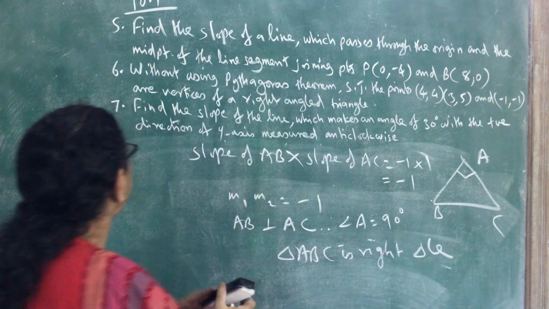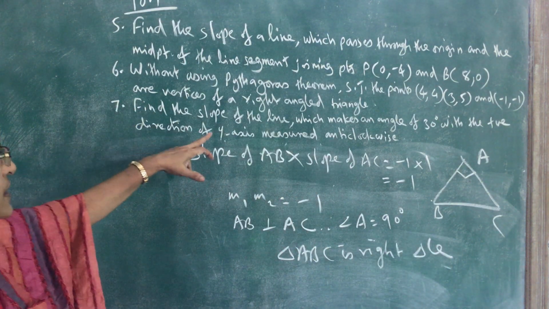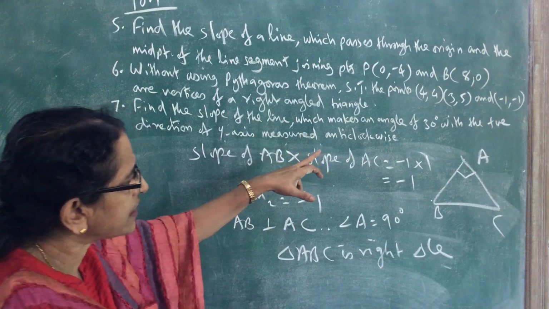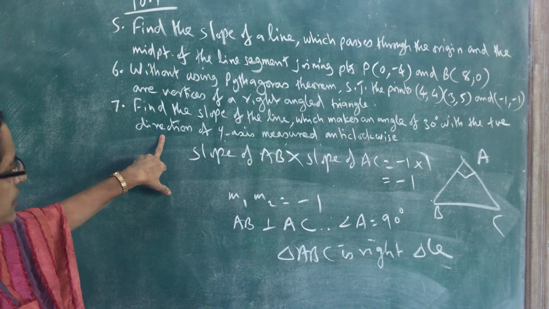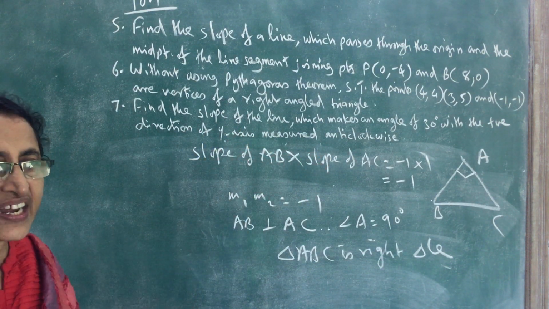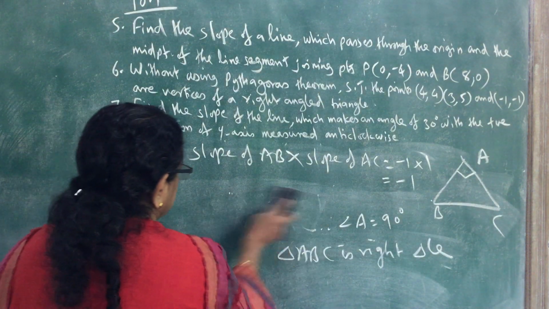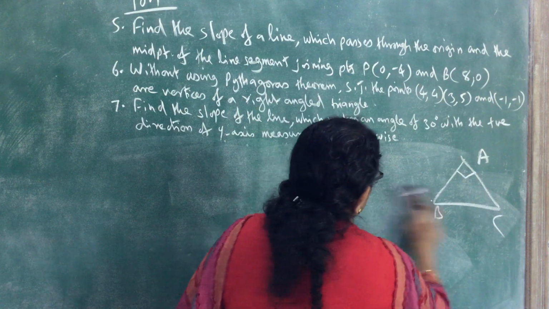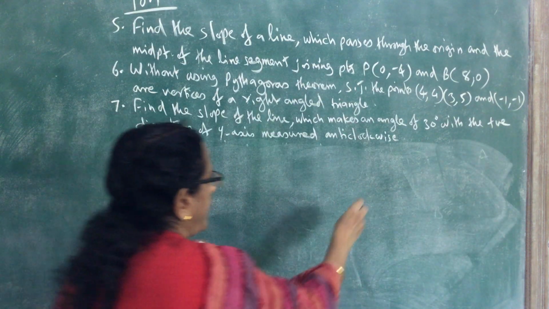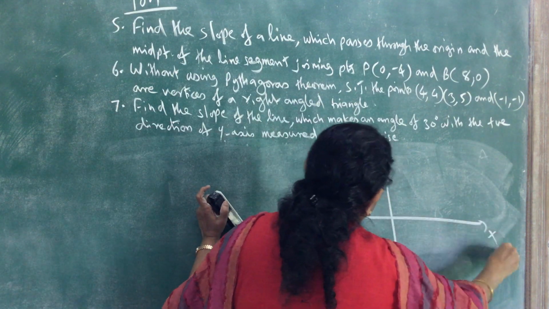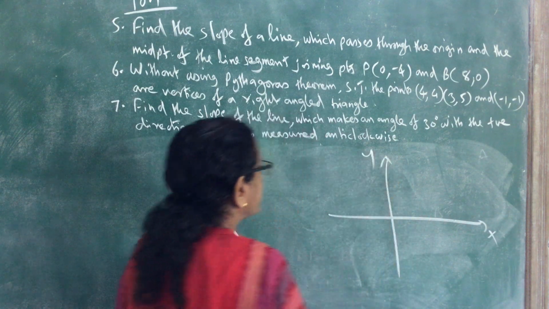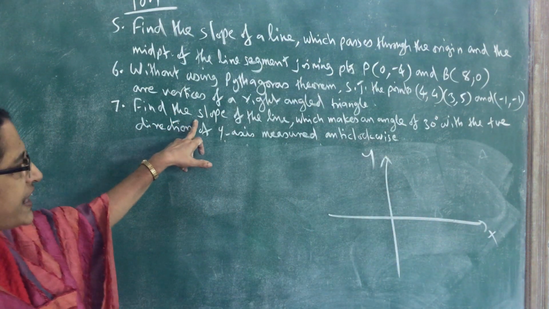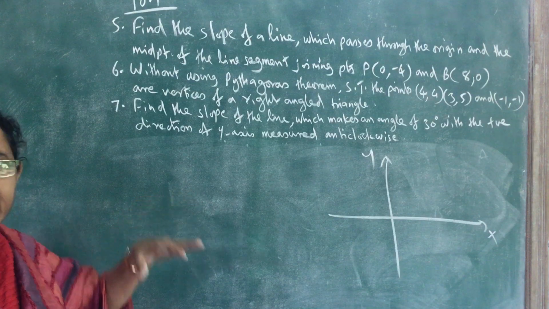Right triangle. Now the 7th one: find the slope of the line which makes an angle 30 degree with the positive direction of y-axis measured anti-clockwise. Find the slope of the line which makes an angle of 30 degree.